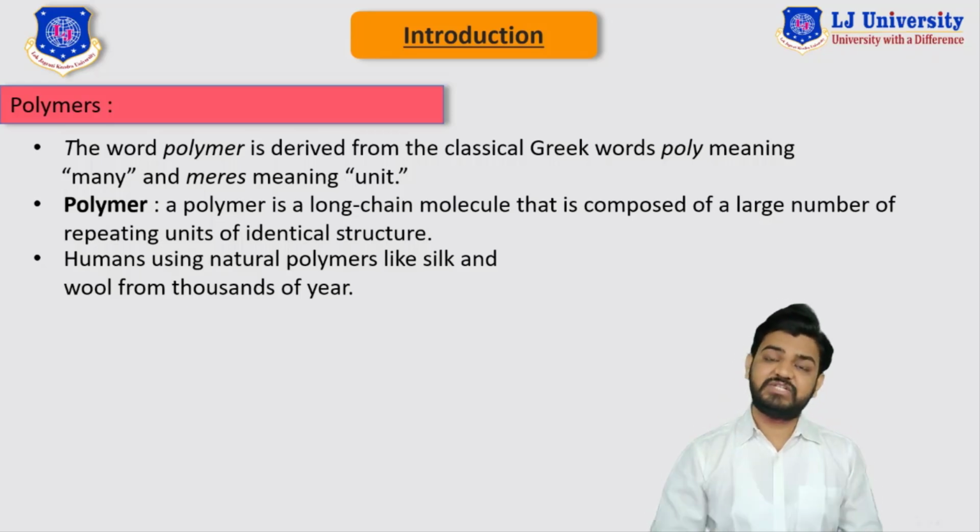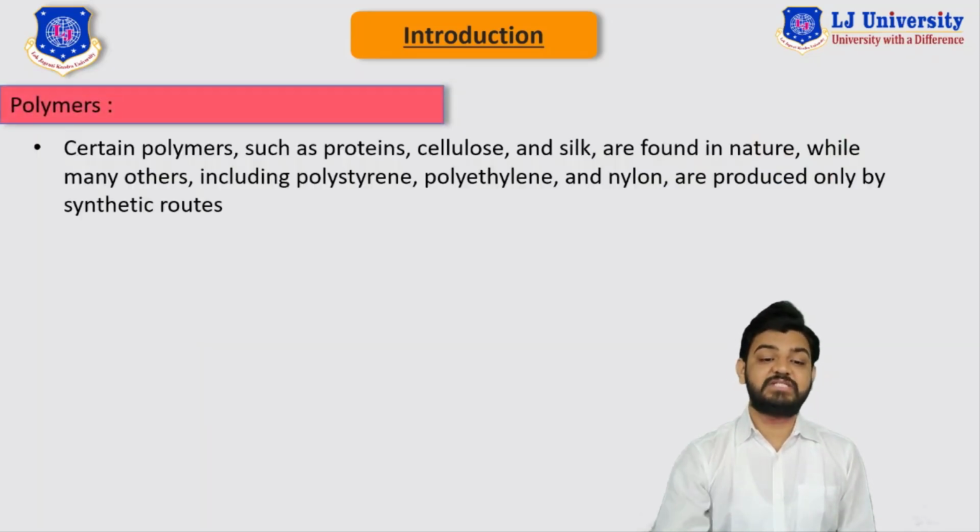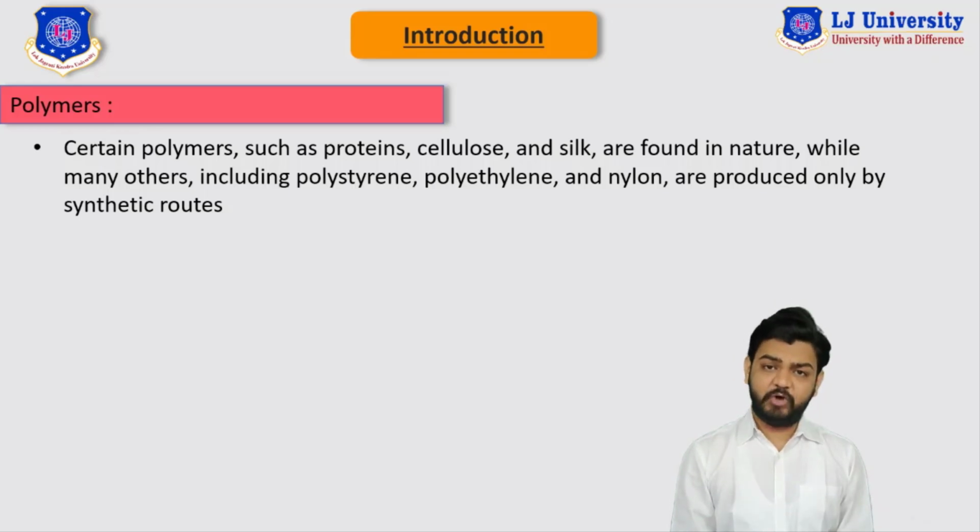Human civilization has been using polymers for many years. We have been using natural polymers like silk and wool from ancient times. So we can say that these polymers are an integral part of human life. Certain polymers such as protein, cellulose and silk are found naturally in nature, while other polymers such as polystyrene, polyethylene and rubber are derived by a man-made route that we refer to as the synthetic route.